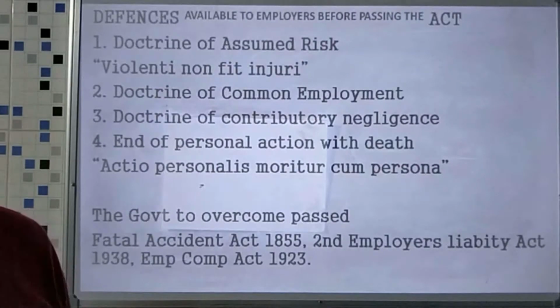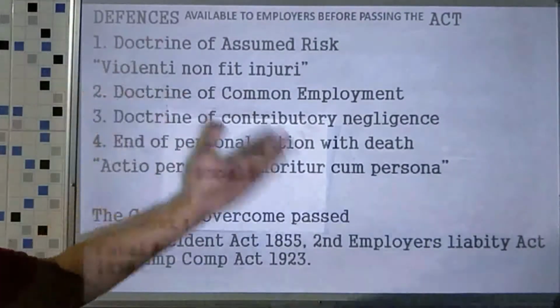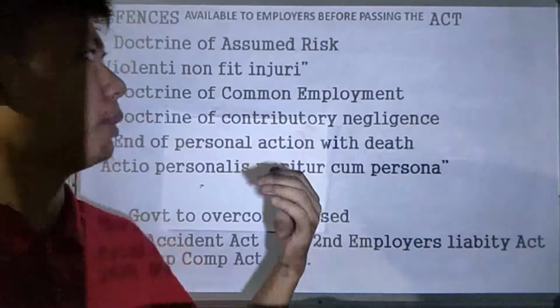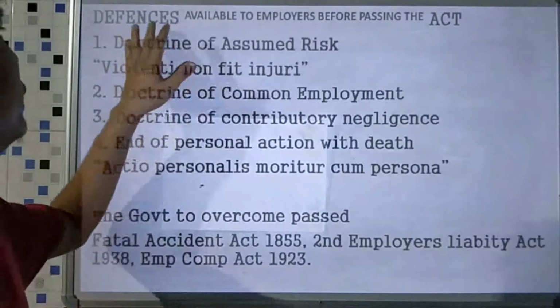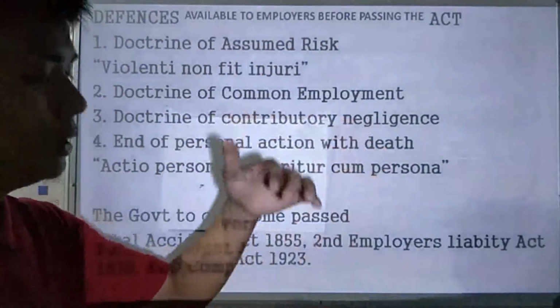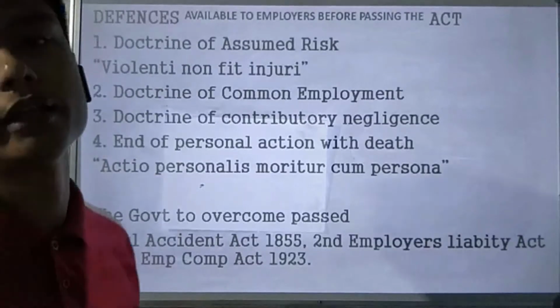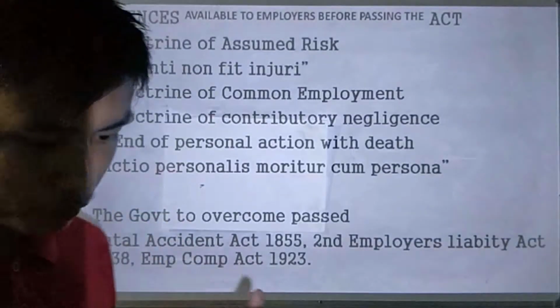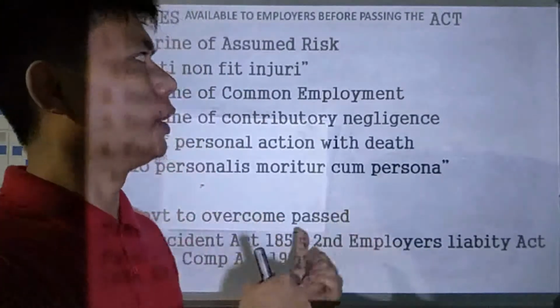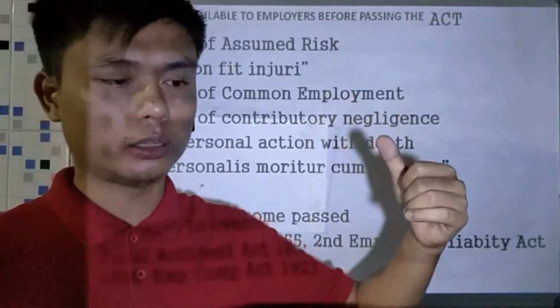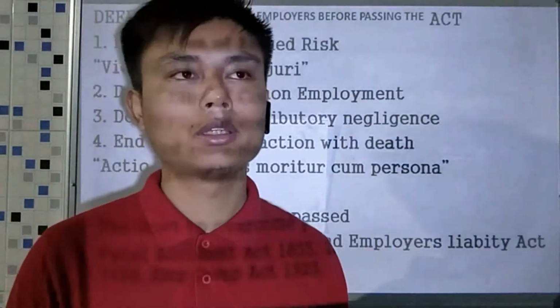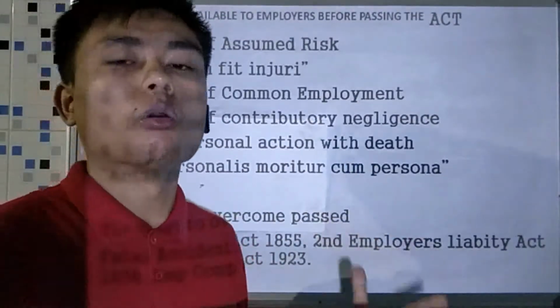Now, of course I have already entered into the Act, but these were some of the defenses available before it, that is, why this Act came into force. Before this 1923 Employees Compensation Act, employers had lots of defenses.